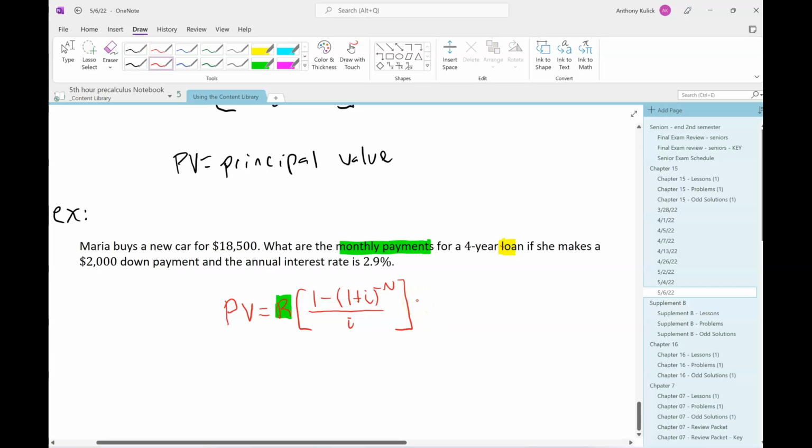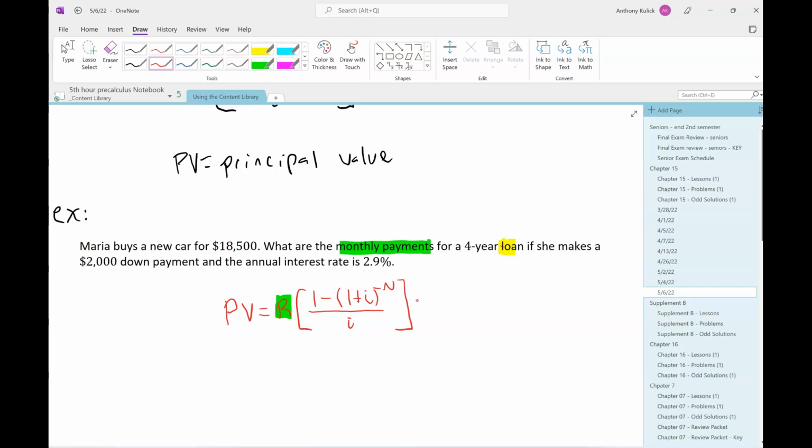It is not 18,500. What is it? It's not 2,000. It's not 2,100. Other way around, but yes.